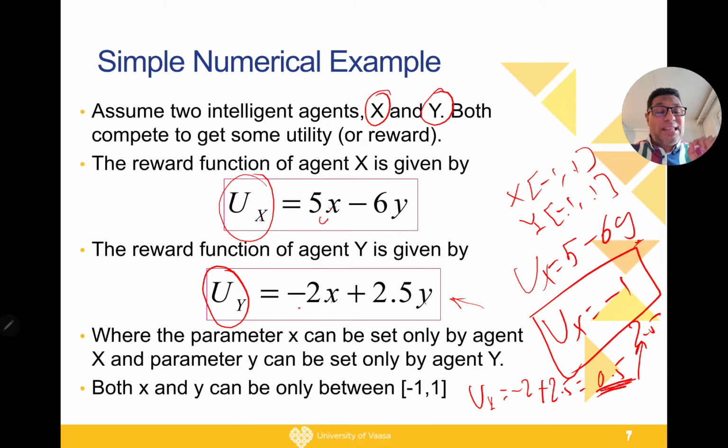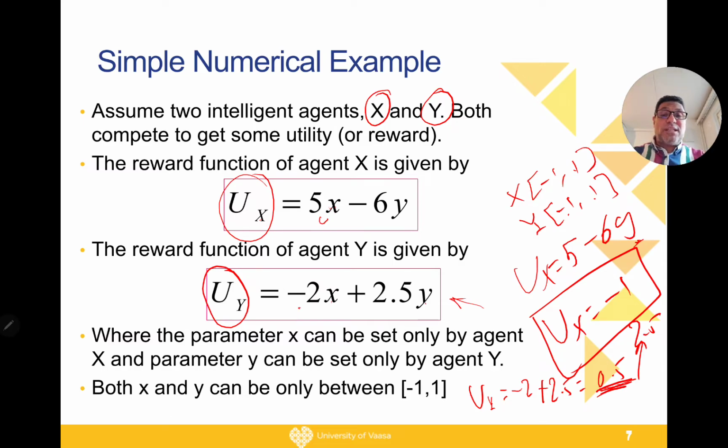So Y can exploit this mistake of X, and X will lose a lot. Instead of losing only minus 1, because they put X equal to 0 and Y becomes 1, they will lose minus 6.